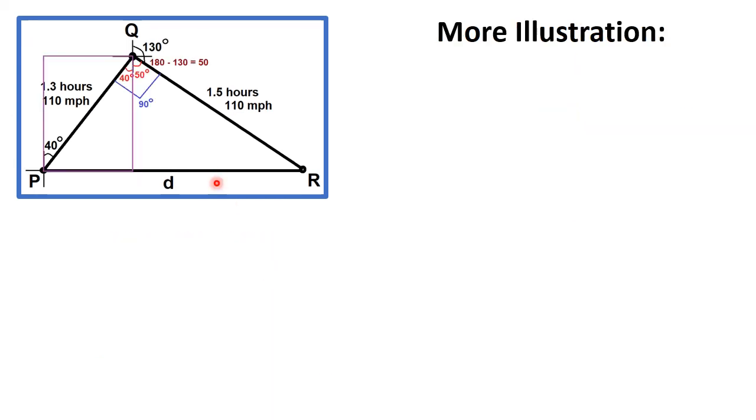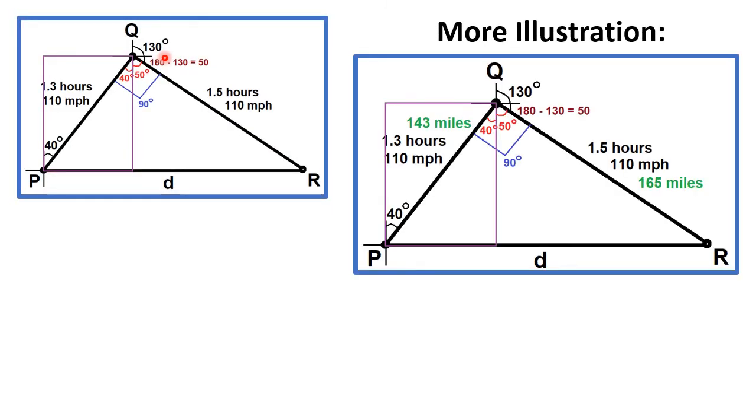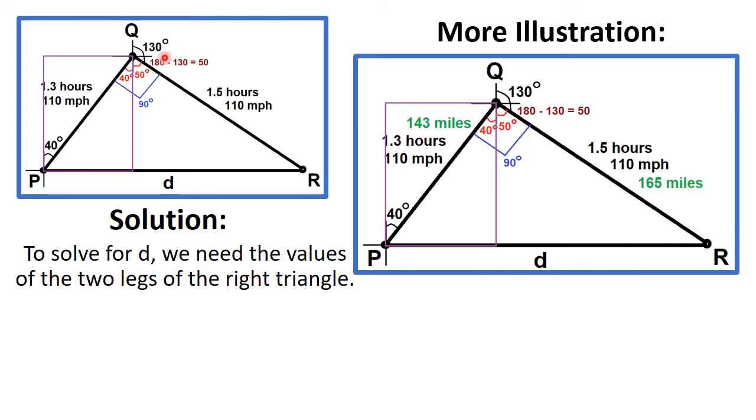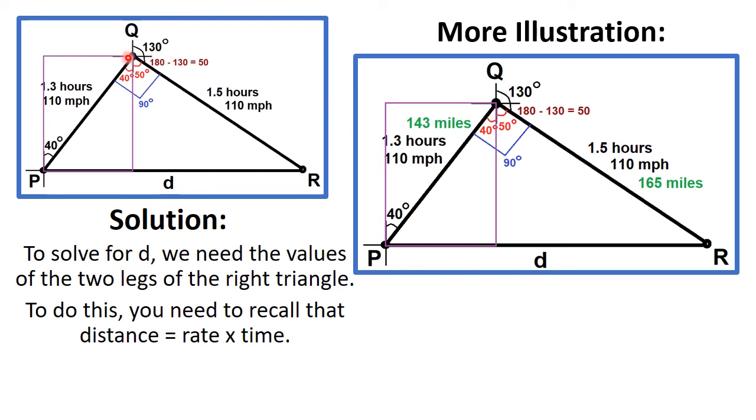To solve for D, we need the values of the two legs of the right triangle. To do this, you need to recall that distance is equal to rate times time. So, d sub 1, distance 1, is equal to the rate 110 miles per hour times the time, 1.3 hours.